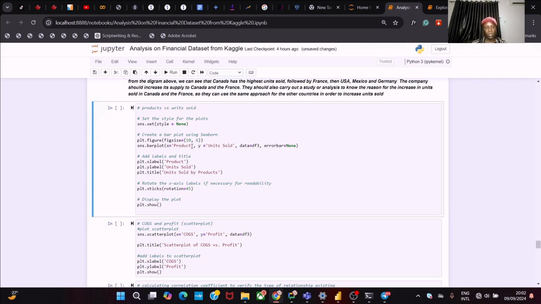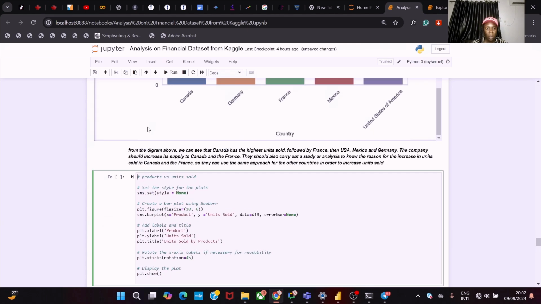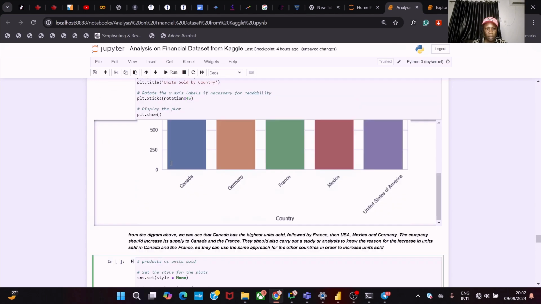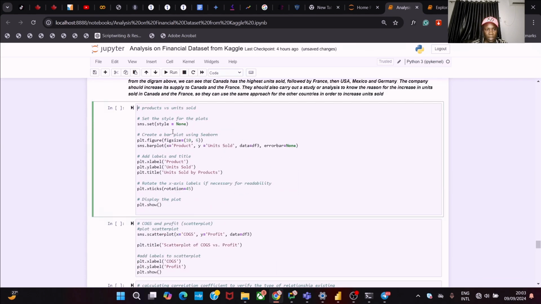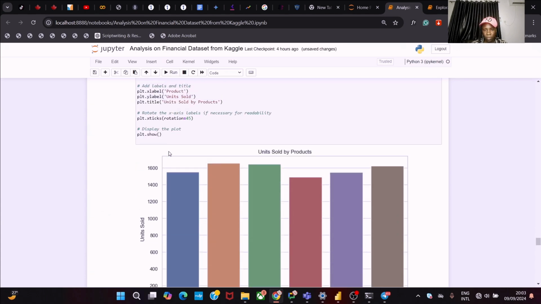All I did was copy the same code and change the column names. So SNS, that means Seaborn, figure size 10 by 6, x is products, y is unit sold, data is df, error bar none, title units sold by products, then display. Let's go ahead and run this.